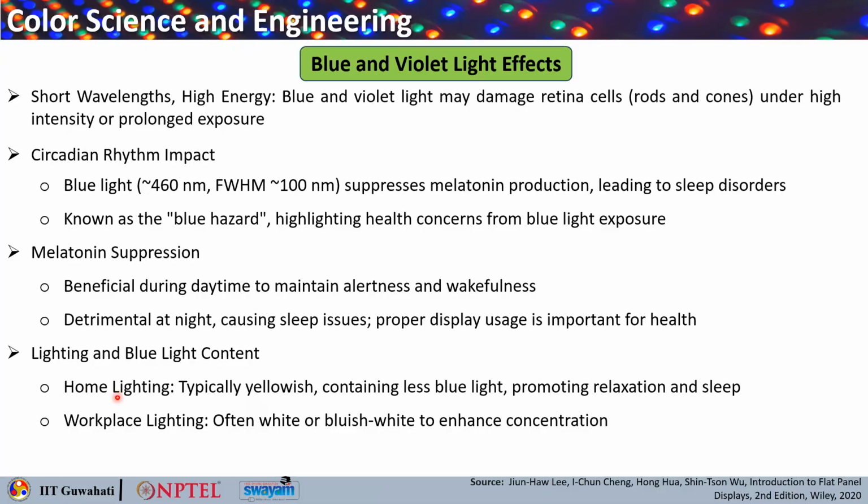Warm will have less blue content, so you can have more relaxation and get good sleep when you are exposed to that kind of light. But when you go for workplace lighting, you want the blue to keep you awake. So, people go for white, the cool daylight one, or the bluish white, that basically helps you to enhance concentration.